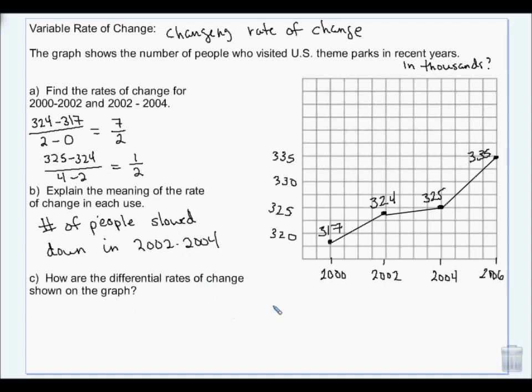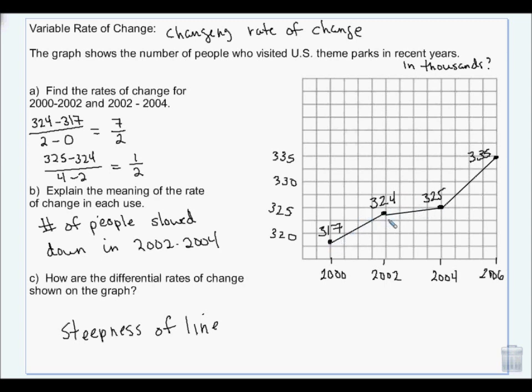And how are the different rates of change shown on the graph? If we look at this, do you see how the lines have a different steepness? That tells us the different rates. The steeper the line, the higher the rate of change. The flatter the line, the lower the rate of change, right? So this was 7/2, but this was only 1/2.